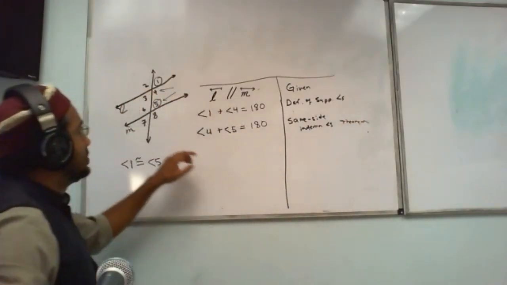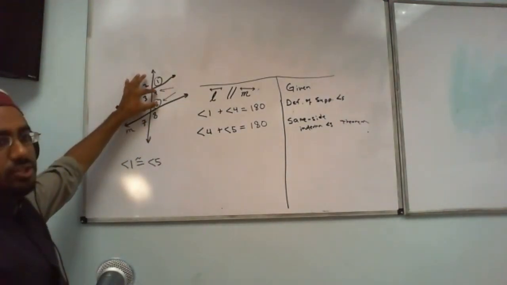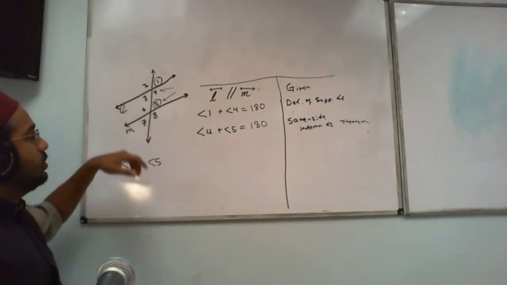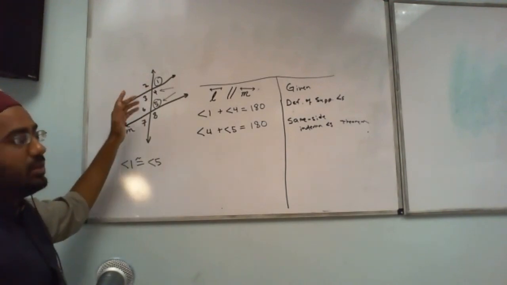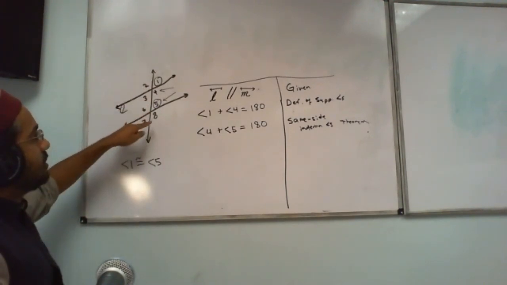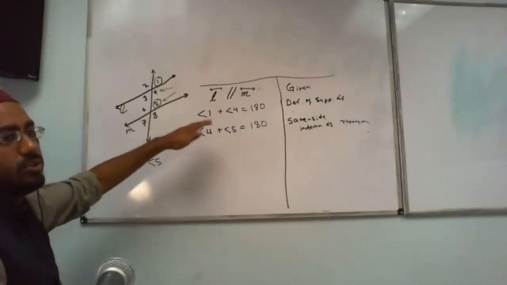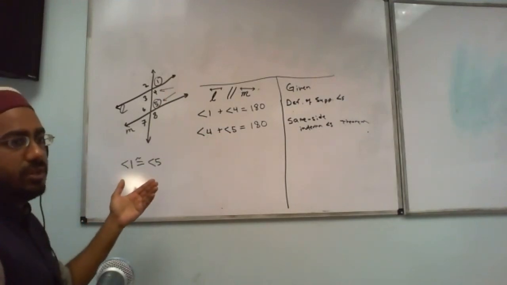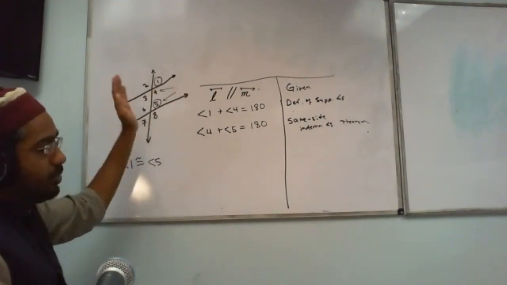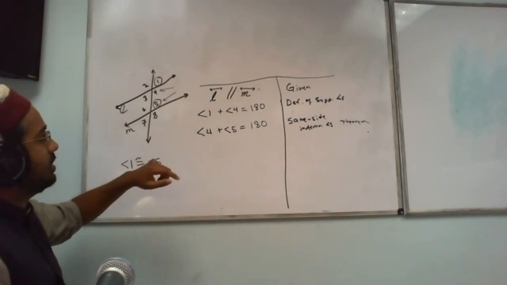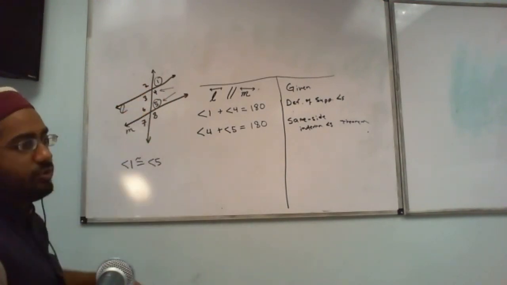This theorem tells us that if we have same side interior angles, they add up to 180. Same side: you see the transversal line, they're both on the right side, so that's called same side. If one was on the left and another on the right, it would be alternate. Why is it called interior?